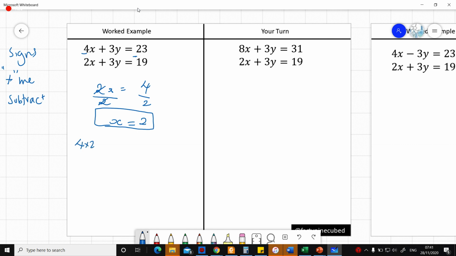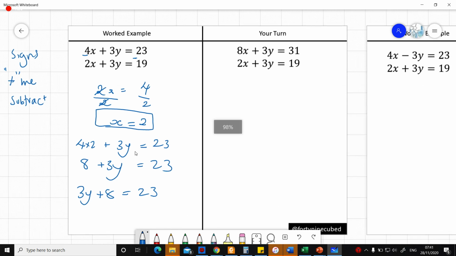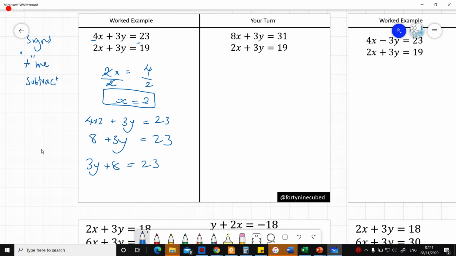So 4 times 2 plus 3y equals 23. And 4 times 2 is 8, plus 3y equals 23. I'm not happy with this format, so I'm going to rewrite it as 3y plus 8 equals 23. All I did is put the 8 on that side. You can do that.